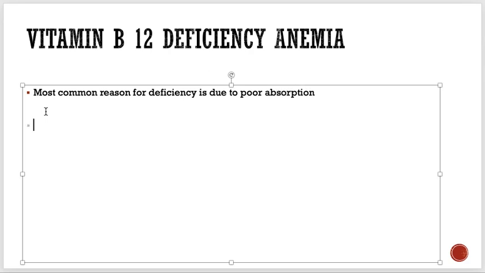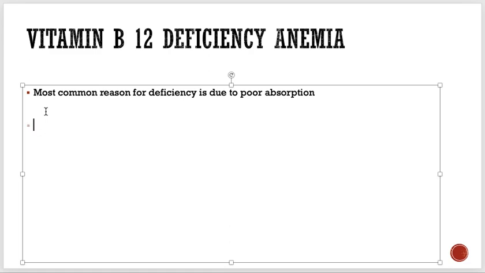The reason for this poor absorption can be anything, for example any kind of malabsorptive syndromes. We know vitamin B12 is bound to a protein called intrinsic factor, which is secreted by the gastric parietal cells. Vitamin B12 combined with the intrinsic factor is needed for its absorption, and vitamin B12 is absorbed in the ileum.